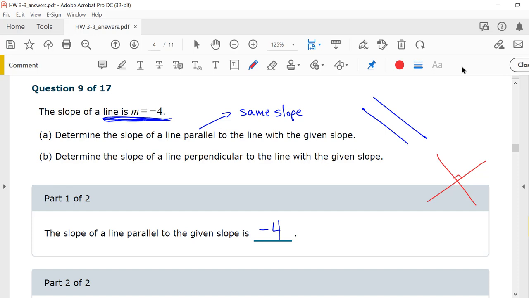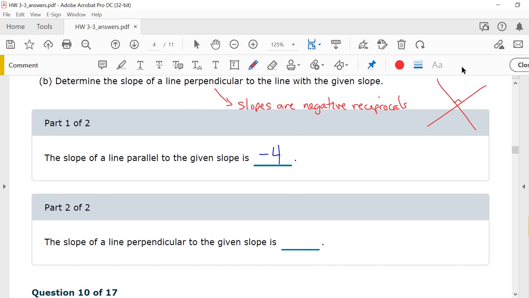And perpendicular lines, their slopes are negative reciprocals, meaning if the slope of one line is -4, then the slope of the perpendicular line would be positive 1/4. So the slope of the perpendicular line is positive 1/4.